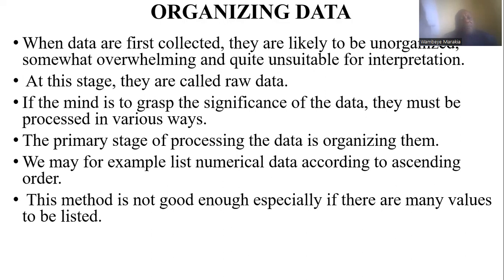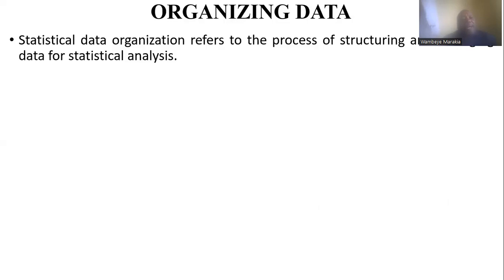There are several methods of processing data or organizing data to have its meaning. And some of these processes that are given in statistics are there to organize this data so that when we look at the data, it has a meaning.